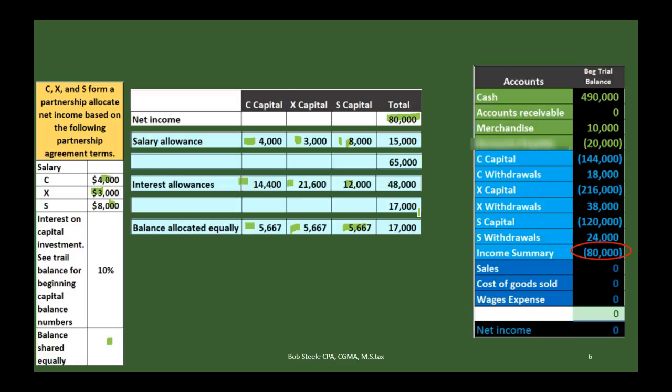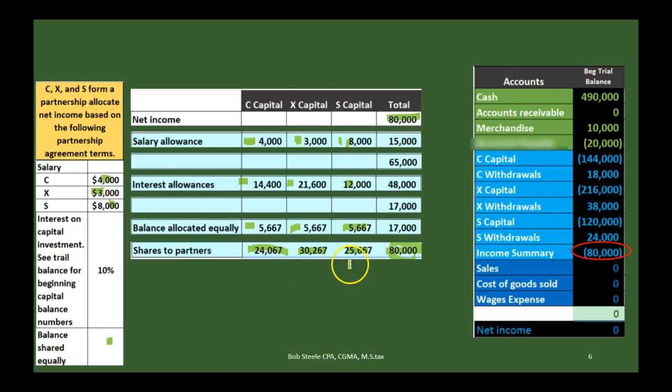And that's something that should be addressed when thinking about the capital accounts, because that could have a significant effect and could be a strange happening, or something that would be unexpected to partners. So now in this case, we're going to allocate out in this format. We're going to take this income summary, debit it to make it go down, and then credit the capital accounts, increasing them by these amounts here.